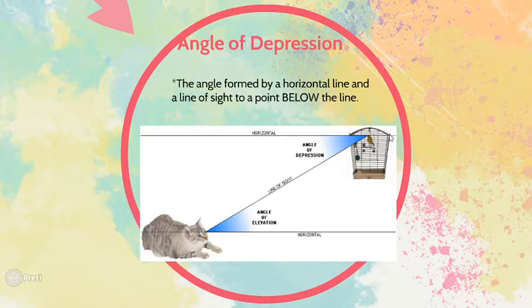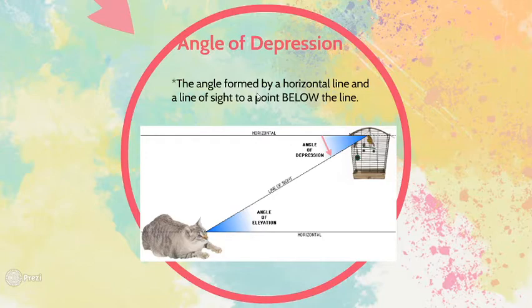So if you see here, you guys, we have this cute little bird. Okay, the bird was looking straight, but then the cat must have caught his attention and the bird looked down. So as the bird looks downward, it creates this angle of depression. Okay, depression, usually when we think about depression, it means you're sad, you're down.